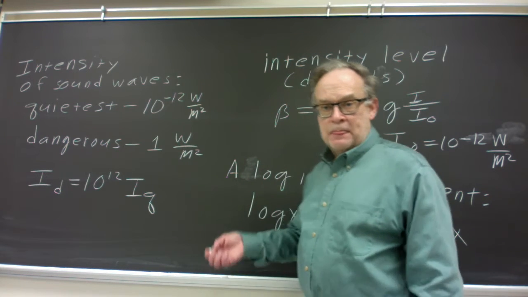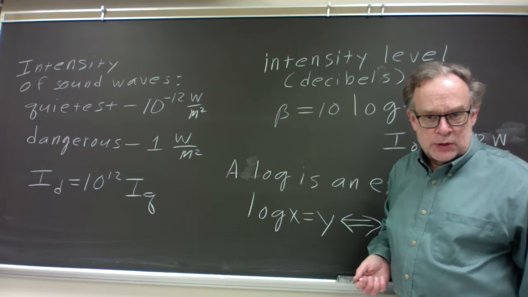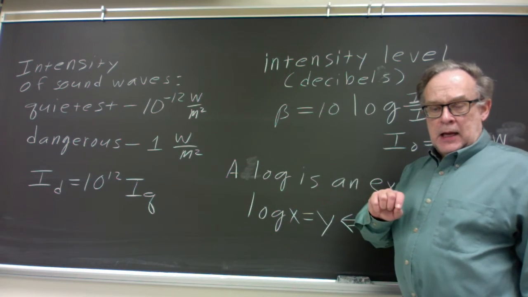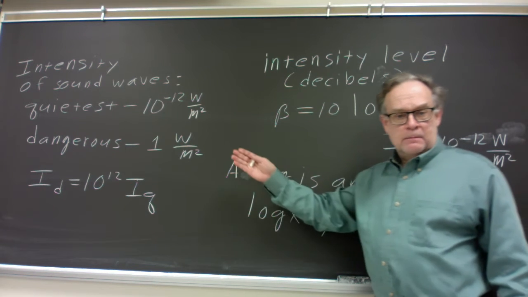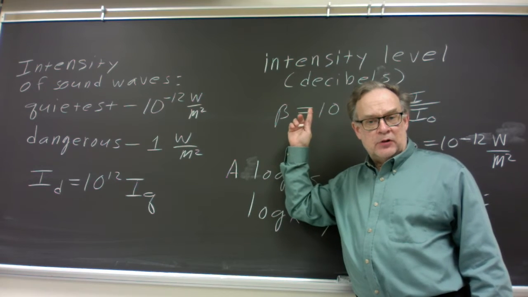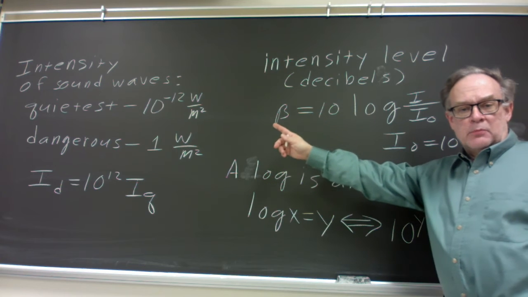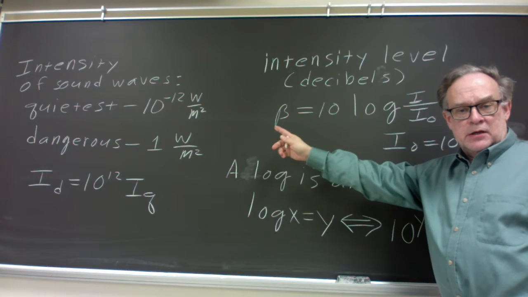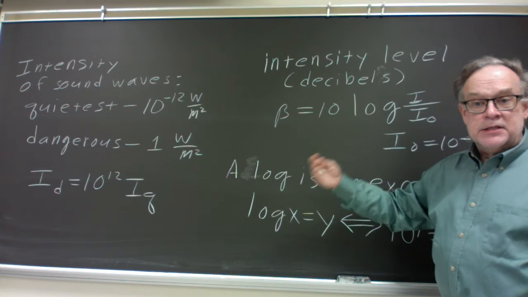Intensity levels are measured in decibels rather than watts per square meter. And the rule for converting between intensities in watts per square meter and intensity level in decibels is this rule right here. The number of decibels, beta, equals 10 deci.